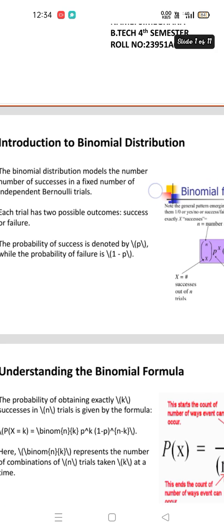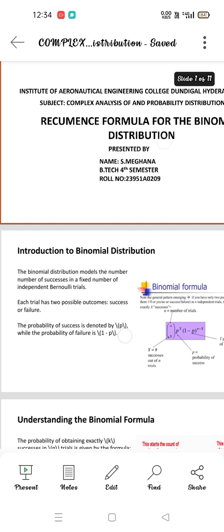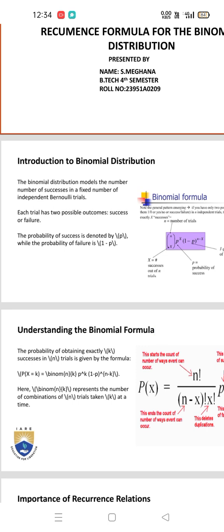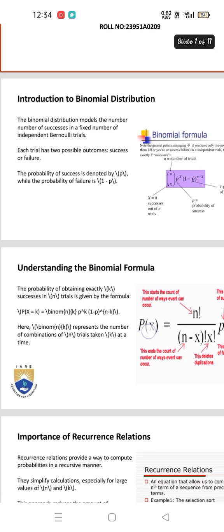This is the formula for the binomial distribution, and the probability of success is denoted by p, while the probability of failure is 1 minus p.